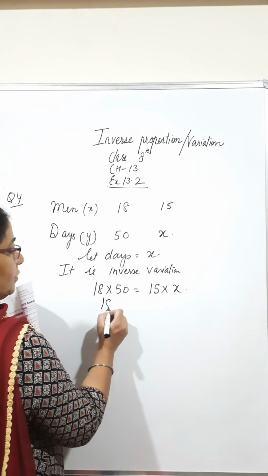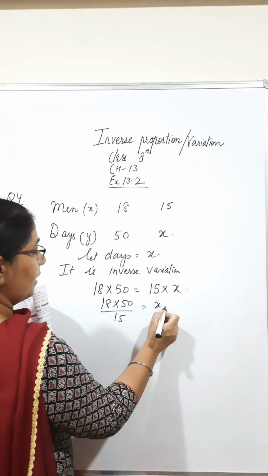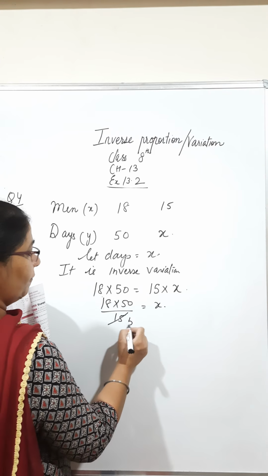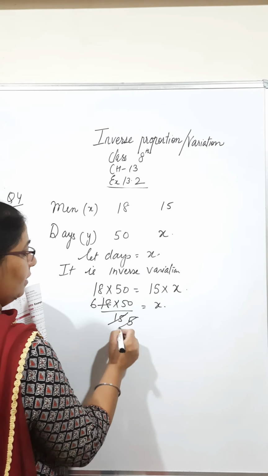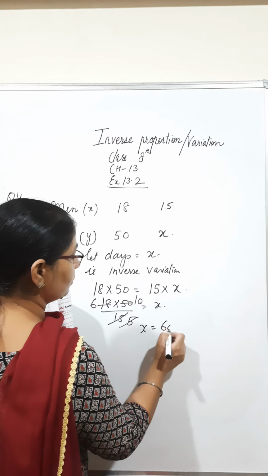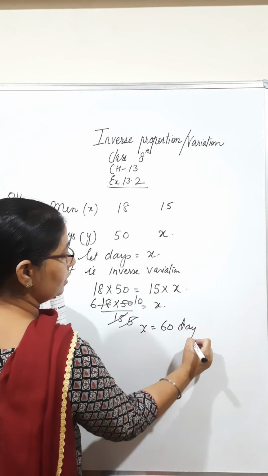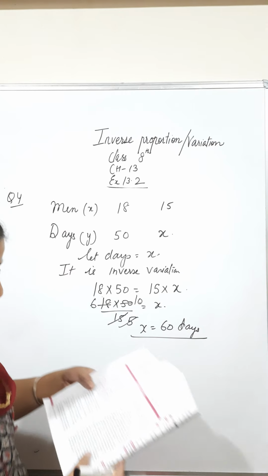Divide by 15. 18 multiplied by 50 divided by 15 is equal to X. In the table of 3, 3 5s are 15, 3 6s are 18, 5 1s are 5, 5 10s are 50. So X is equal to 60. And what was X? X was the days. So the answer is 60 days.